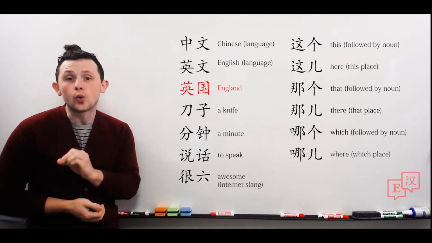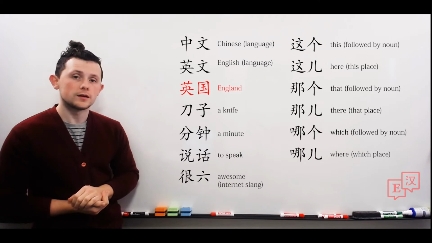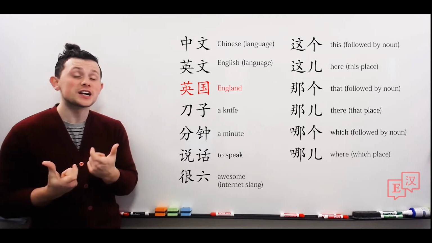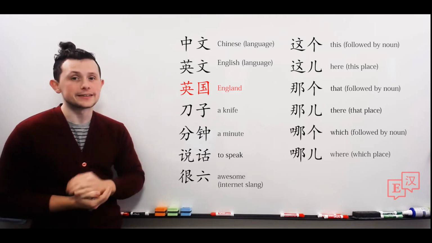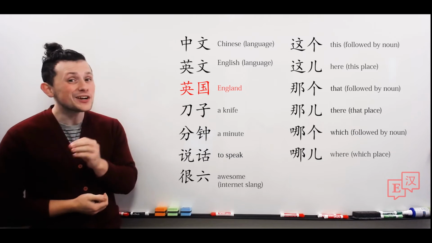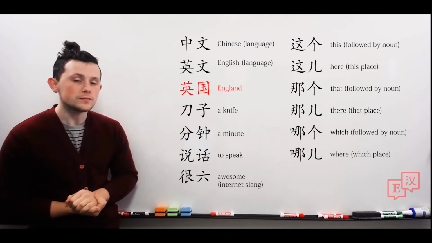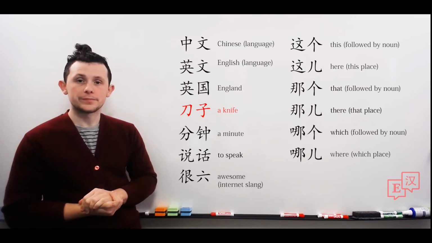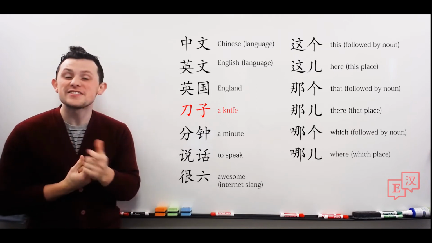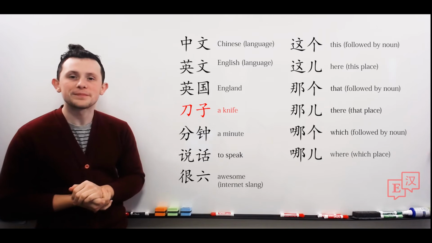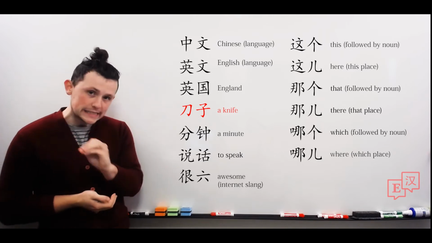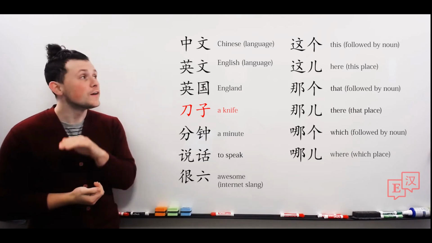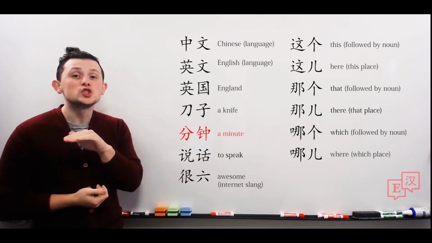英国. English country, England. 英国. 刀子, knife thing is knife. 刀子. 分钟.